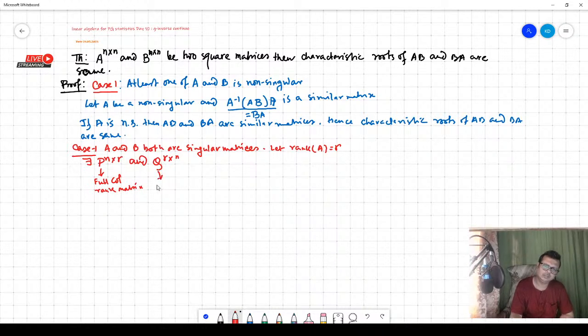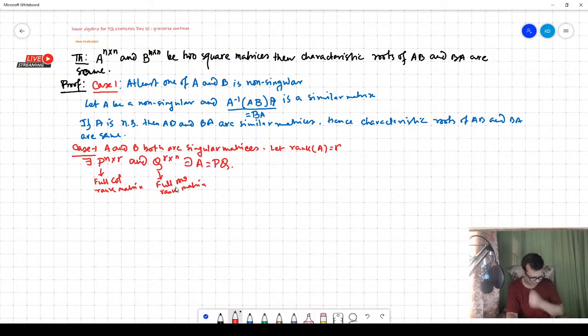Q is a full row rank matrix such that A equals PQ. Or it is better to write it in that way, since I already discussed this.